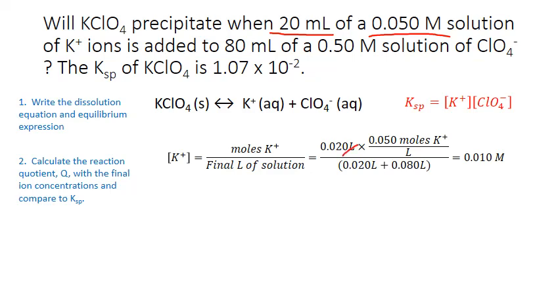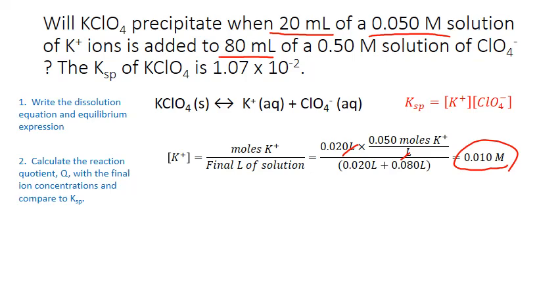Our liters will cancel out, and it will actually leave us with moles of potassium. We divide this by our new volume of the solution after mixing, so that's going to be our 20 milliliters plus our 80 milliliters of our perchlorate solution, or 0.020 liters plus 0.080 liters. And we divide through by that, and we get our new concentration, our final concentration of potassium ion.